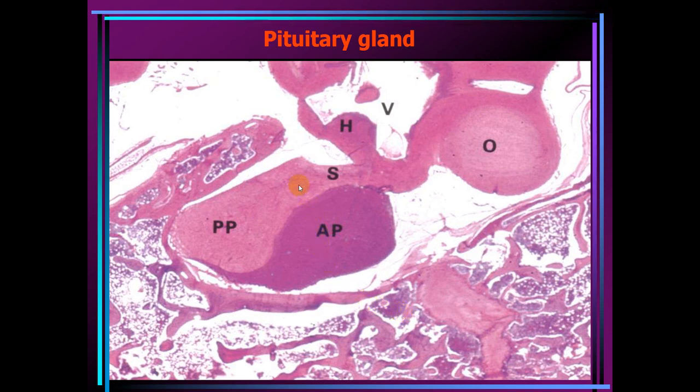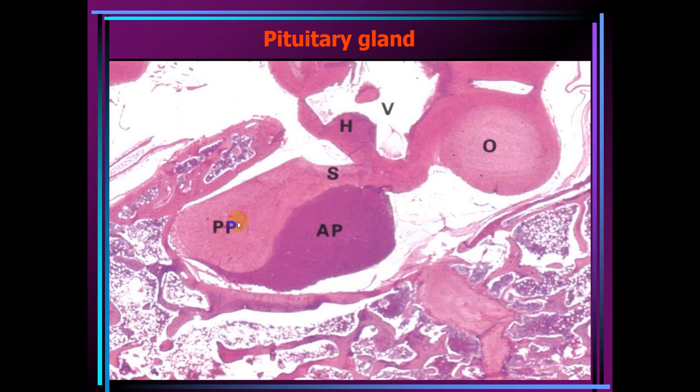This picture shows you the hematoxylin-eosin picture of the hypophysis. Dark staining is the adenohypophysis, which develops from the ectoderm and consists of epithelial and connective tissue. Also, the adenohypophysis is covered by a thick connective tissue capsule.